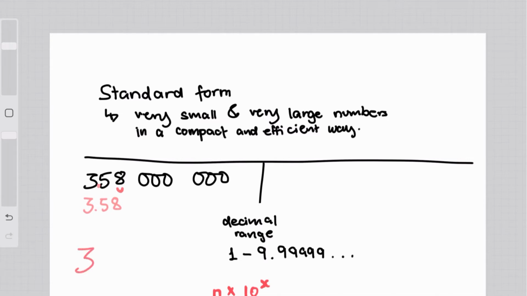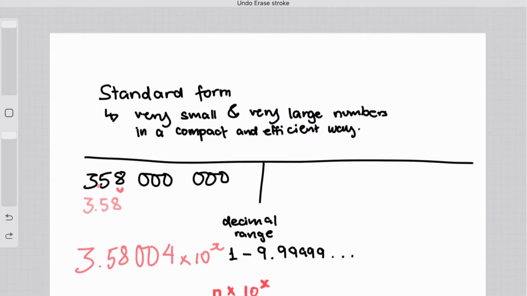So for example, you have 3.58, 0, 0, and then 4. You have 4 at the end. The zeros here are always going to be considered significant because these are part of the number that you're going to multiply by 10.